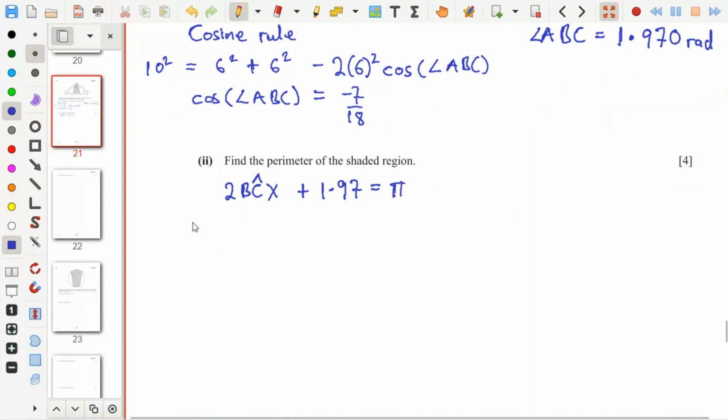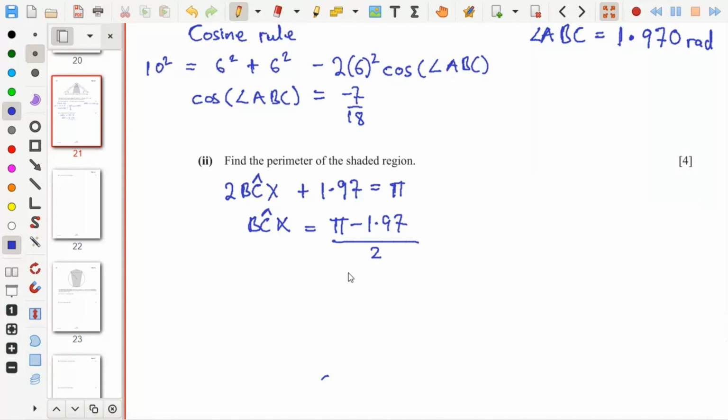So now let's make angle BCX the subject. And if you divide, you should get 0.586 radians.